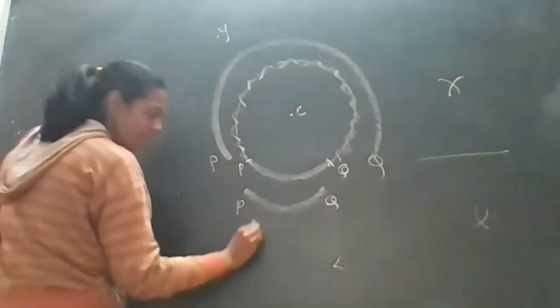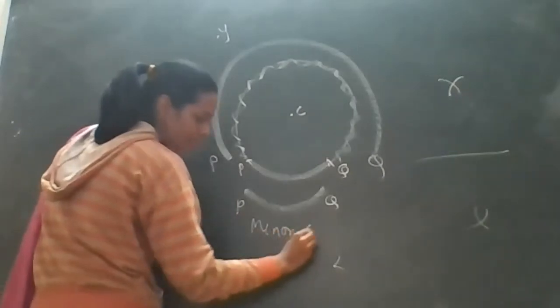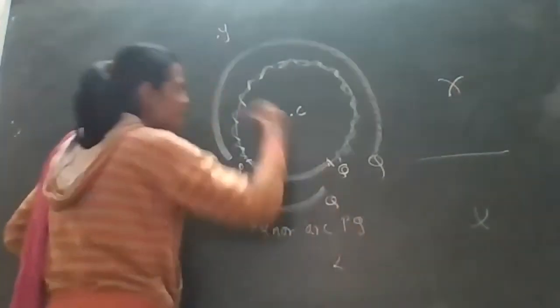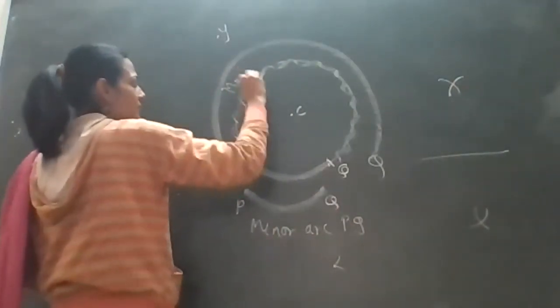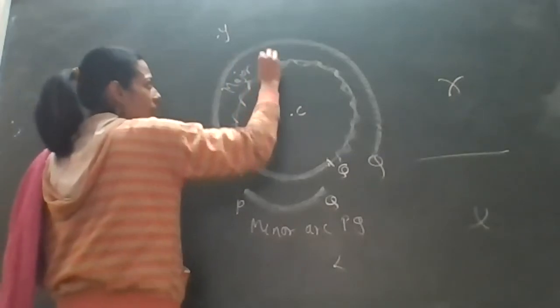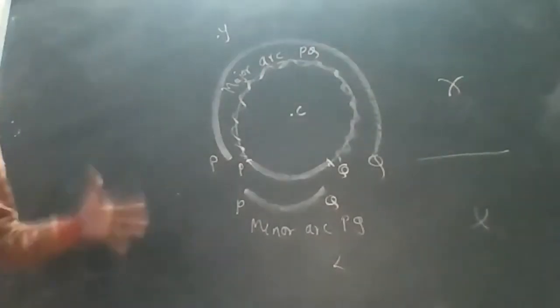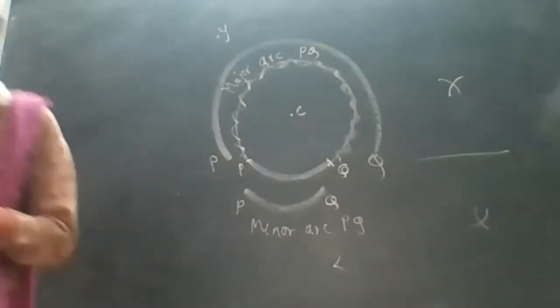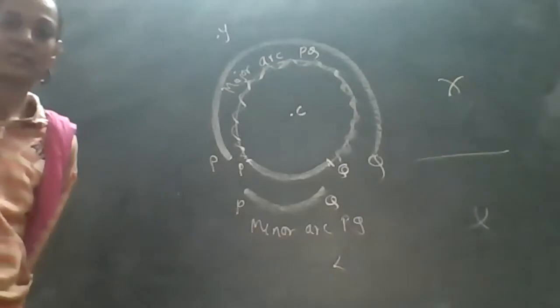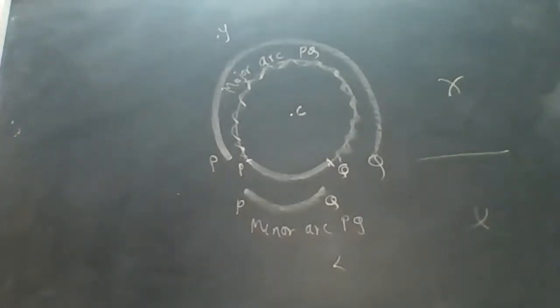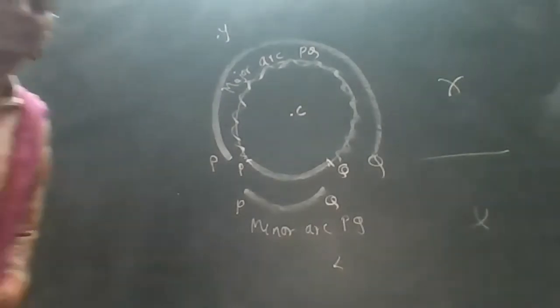So here we can write that it is a minor arc PQ, and here we can name it a major arc PQ. Clear? Major means bada and minor means small. Clear to everyone?